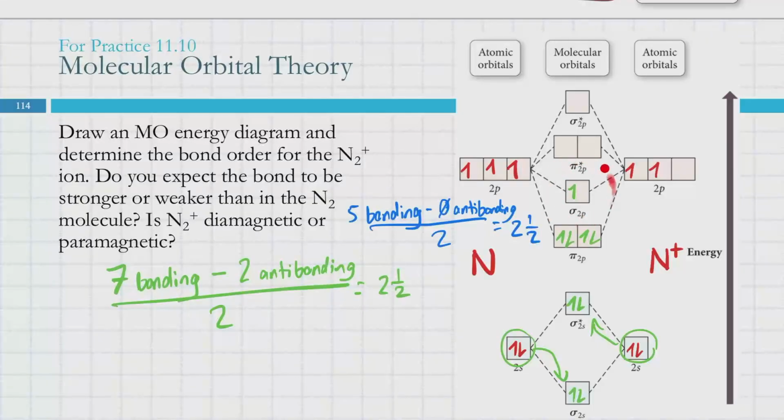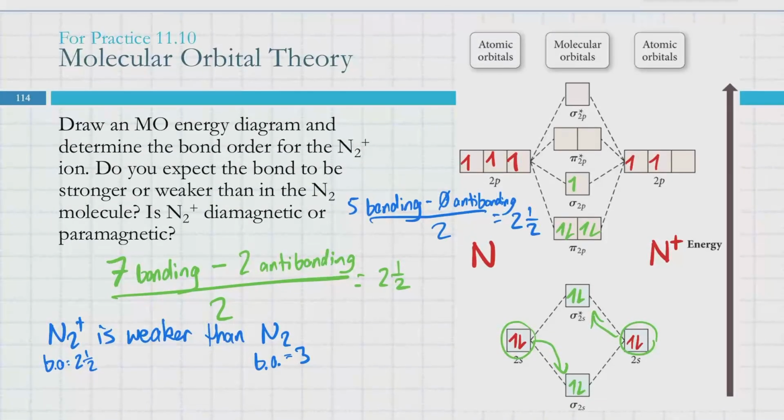It would go into the sigma 2p. That's a bonding electron. That would increase our bond order. So N2 plus is weaker. N2 has a bond order of 3.